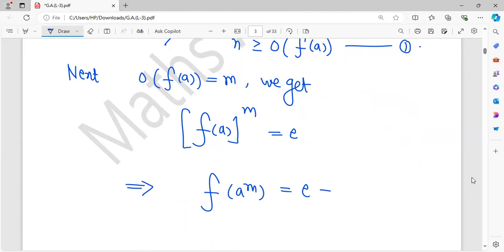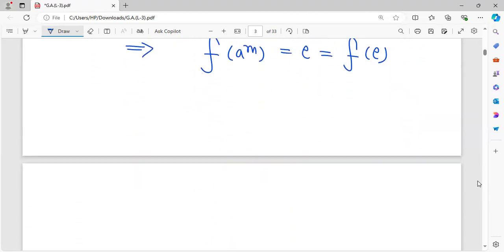But e can be written as f(e). So what do we have? This implies f(a)^m is equal to f(e).